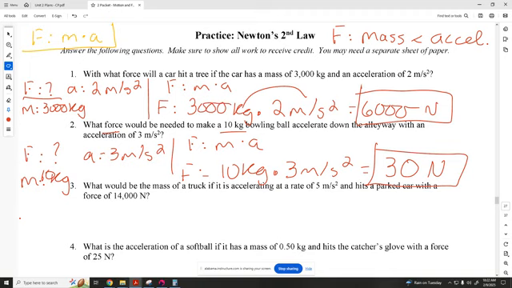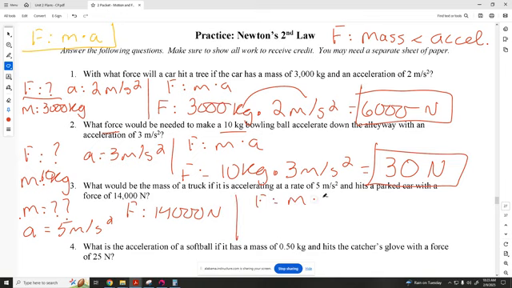Number 3, what would be the mass of a truck if it is accelerating, acceleration is equal to 5 meters per second squared, and hits a parked car with a force of 14,000 newtons? So we're looking for mass. This one might be a little bit different; we're going to have to move some stuff around. Force is equal to mass times acceleration.